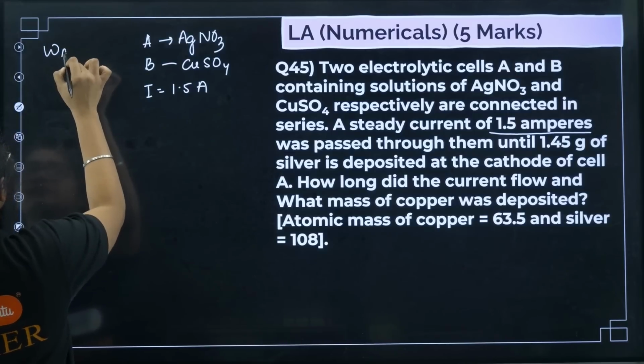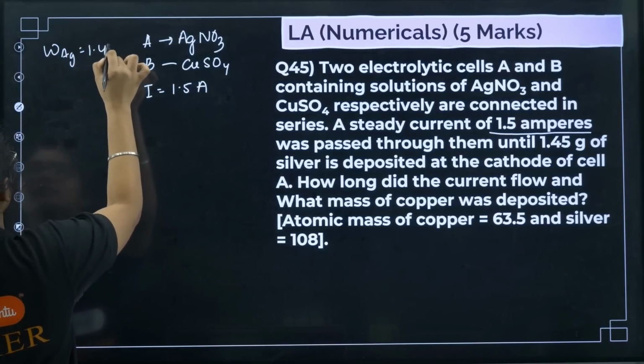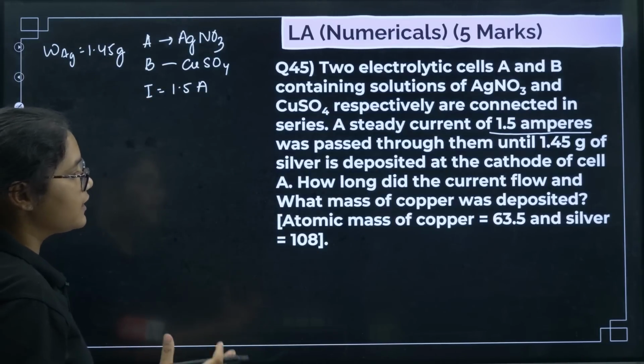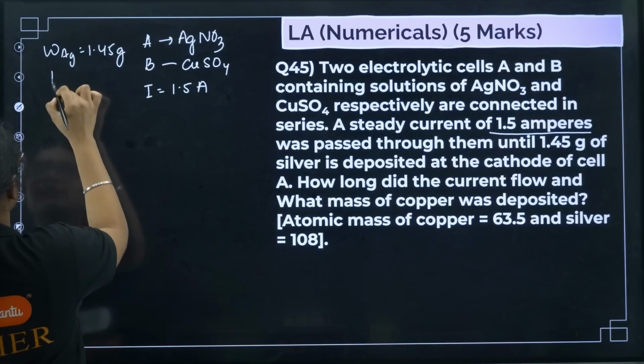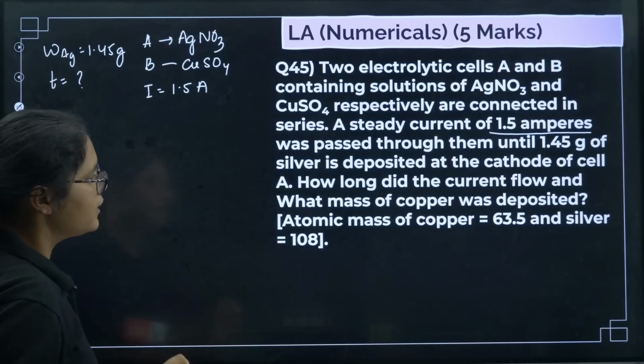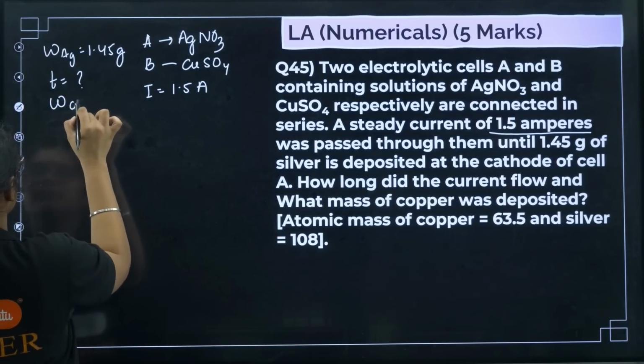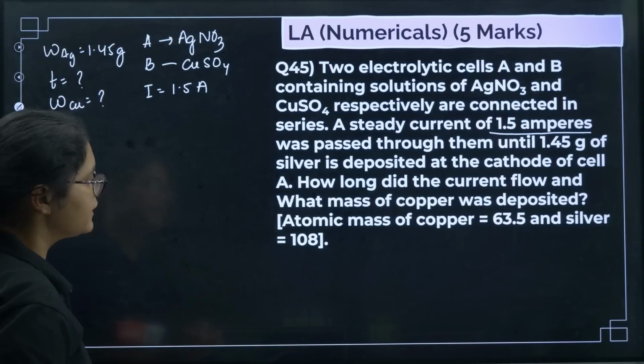So in A we have AgNO3 and in B copper sulfate. Current is 1.5 amperes, and the mass of silver is 1.45 grams. How long did the current flow? You have to calculate the time for which the current flowed. And what mass of copper was deposited? We have to calculate the mass of copper deposited.